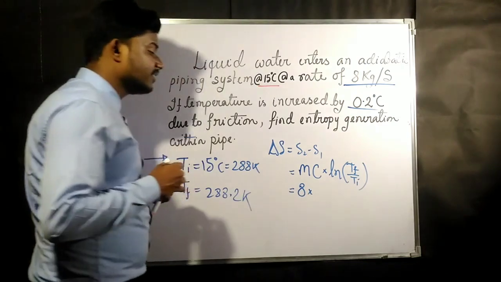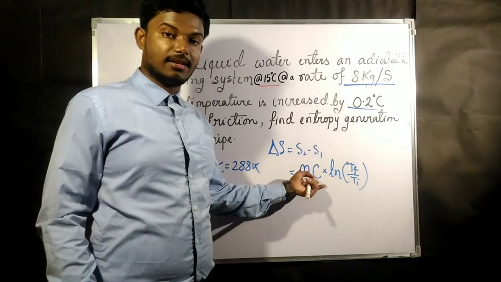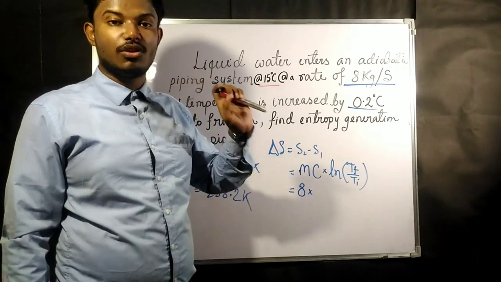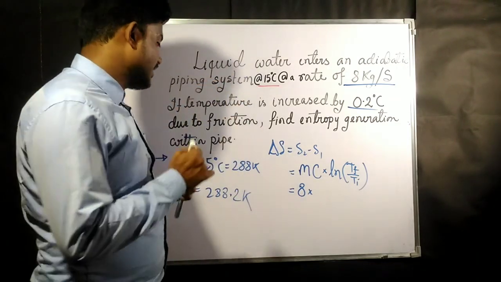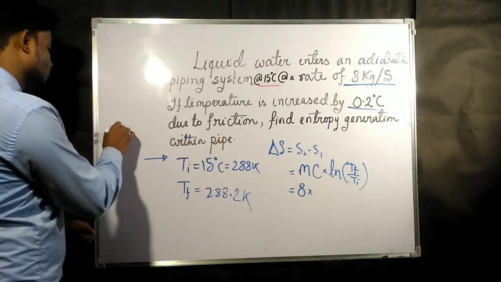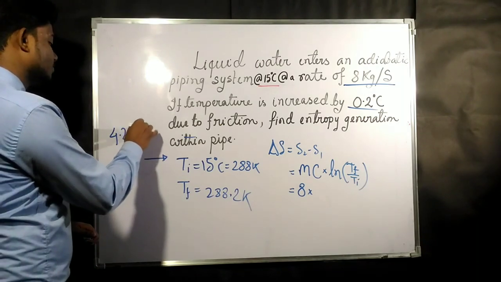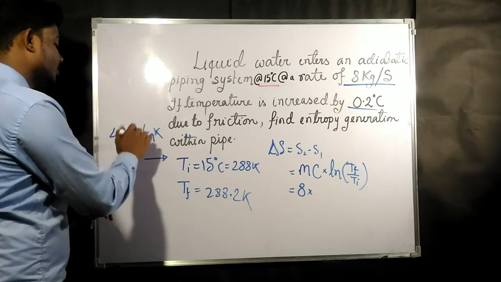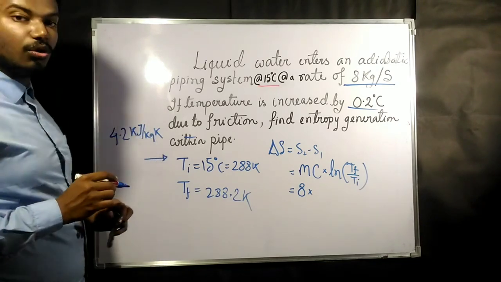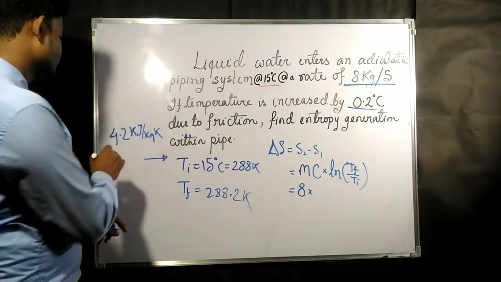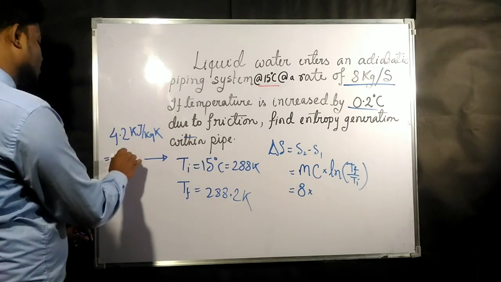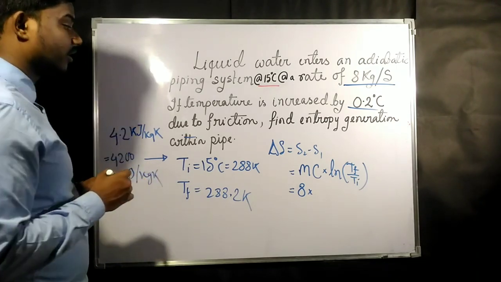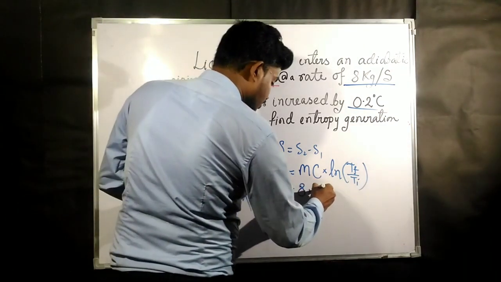And for C, the specific heat of water, we need to remember it as 4.2 kilojoule per kg Kelvin, or we can write 4200 joule per kg Kelvin. So I am writing 4200.